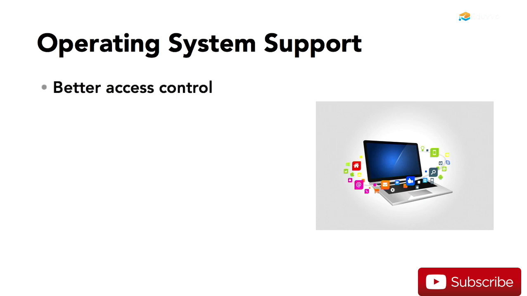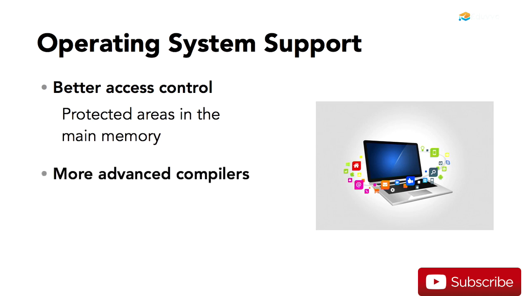For example, the operating system can enforce more stringent memory access control so that buffer overflows cannot infringe into the protected areas of the main memory. Although there are many ways of preventing buffer overflow attacks, the secure coding practice at the software developer level is the most surefire way of stopping buffer overflow attacks.